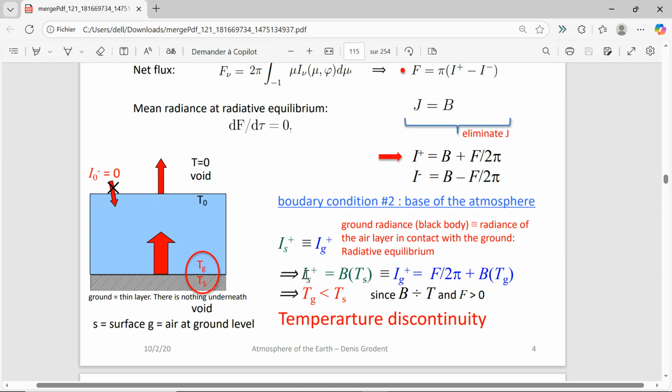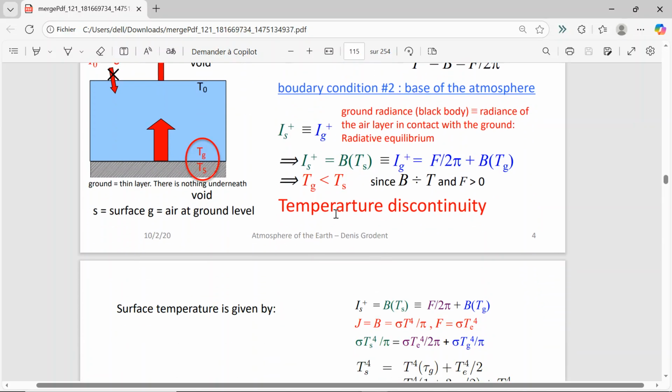Concerning the surface, we don't have any flux passing through it. So it's only blackbody emission at the temperature of the surface. However, for the ground, we have a flux that is passing through it. So in order to compensate for the missing flux, the temperature of the surface needs to be higher than the one of the ground. So this leads to the temperature discontinuity.